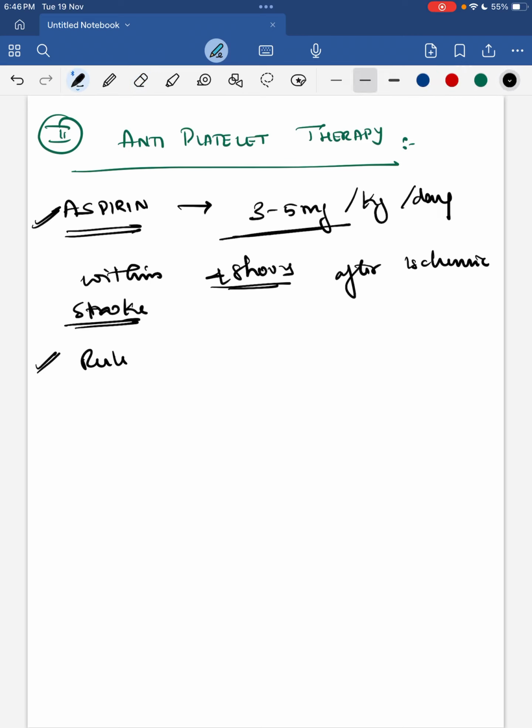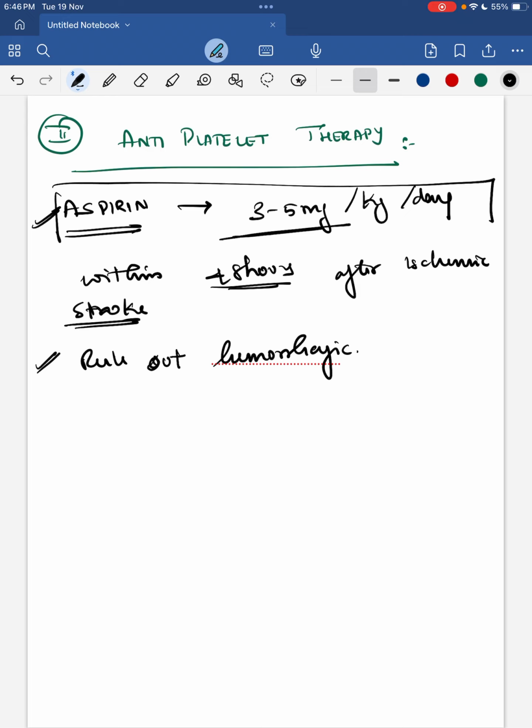Unless anticoagulation or thrombolytic therapy is planned, you have to start the patient on aspirin. So you have to rule out hemorrhagic cause by taking a plain CT brain. Next, you start aspirin at the dose of 3 to 5 mg per kg per day within 48 hours after the ischemic stroke.